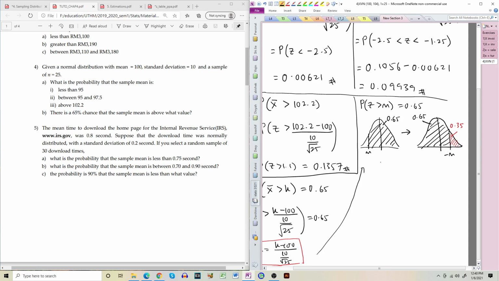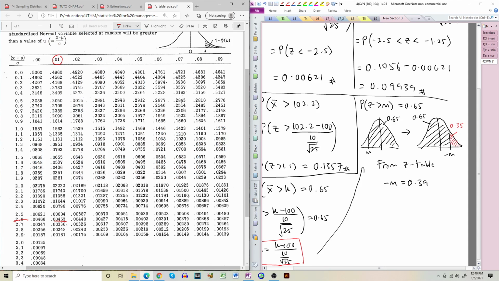So from the Z table, negative m is equal to 0.39. Okay, you can see 0.5. The nearest to 0.5 is this one, so I choose 0.39 as m.